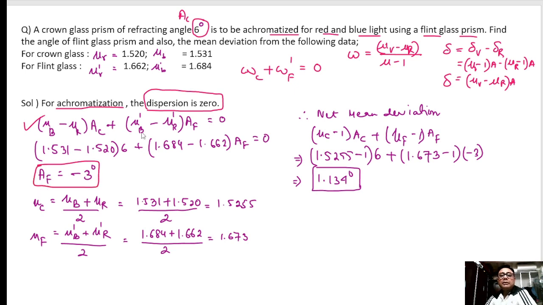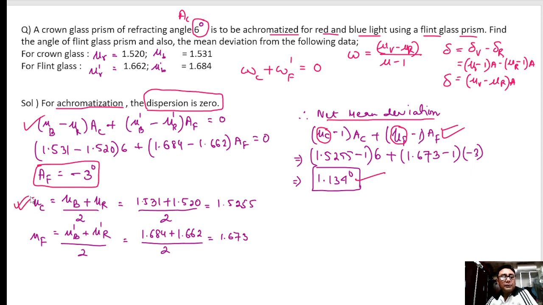Clear? Now net deviation is not 0. So this is our net deviation, mu minus 1 into AC. Okay, please go to the formulas which I have already shown you. Net deviation. Now putting all the values, AF is minus 3. We calculate this. Now please note here, what is this mu C and mu F? It is the mean refractive index. So how do we find that? Because we are using a blue color and a red color.